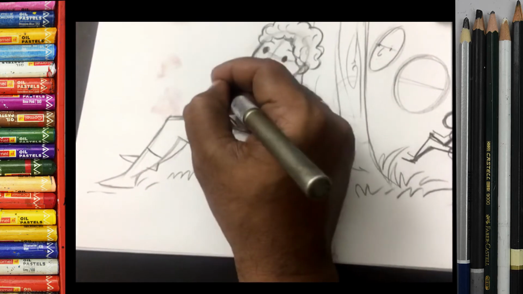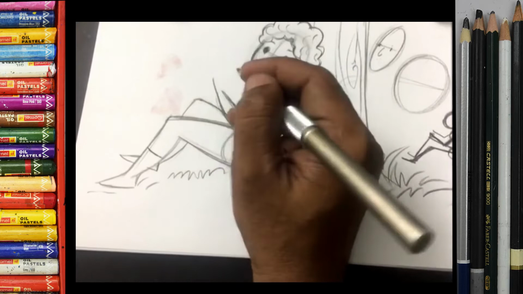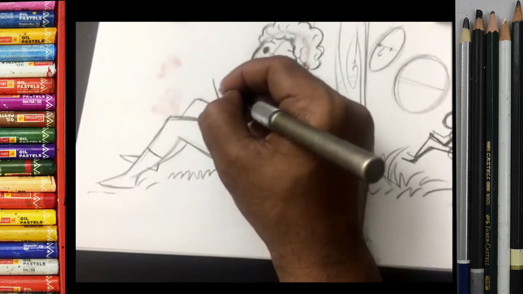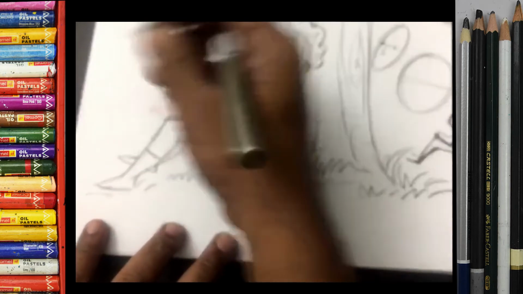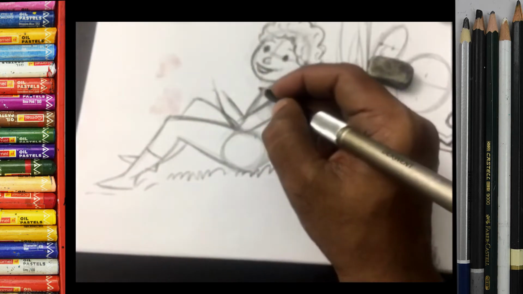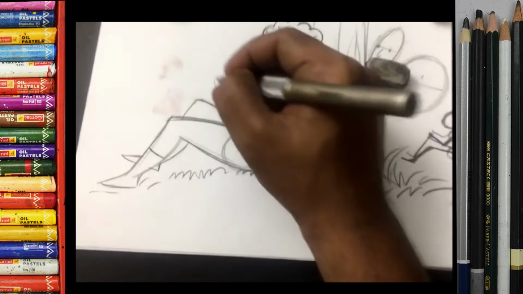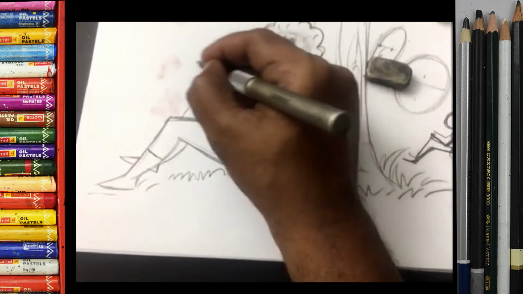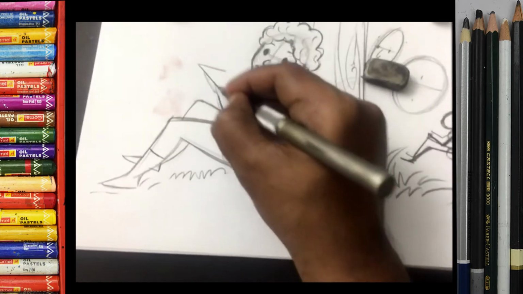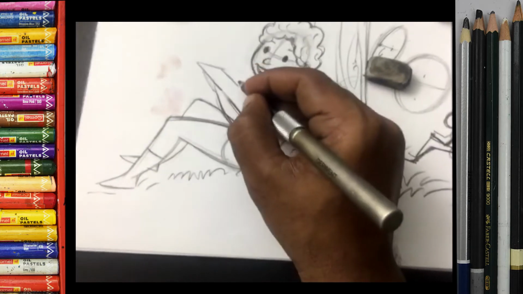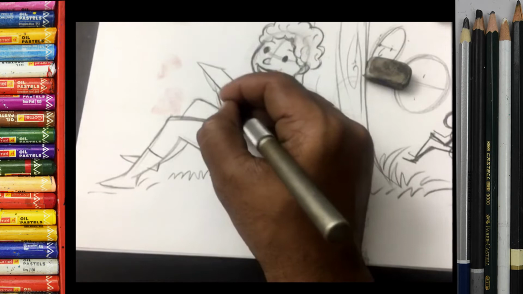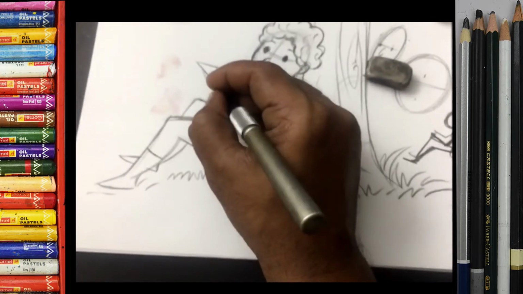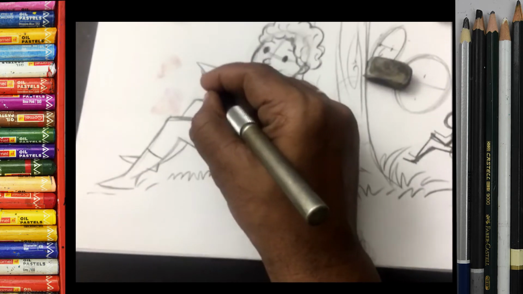Suppose it is reading a book or eating something, whatever, eating something or reading books is also fine. Okay. He has some books. This is reading a book. Okay, his finger.